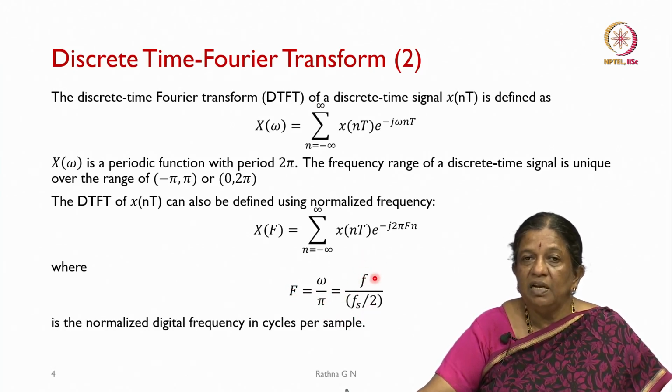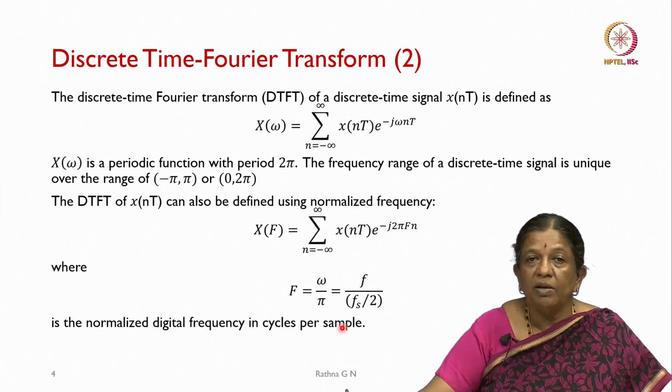Here f is the signal frequency we are interested in, and fs is the sampling frequency. So we say it is the normalized digital frequency in cycles per sample.